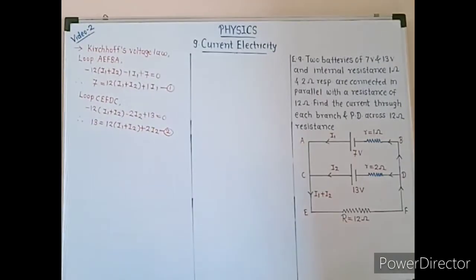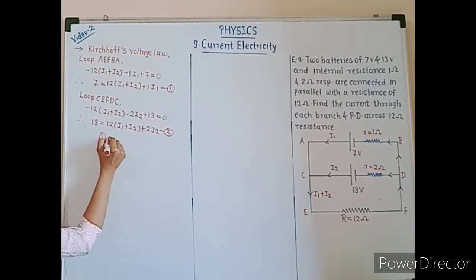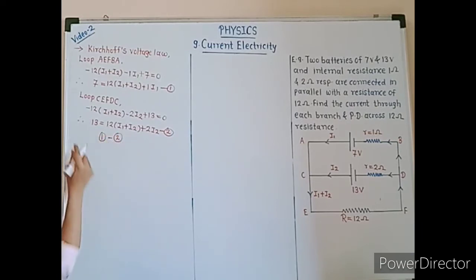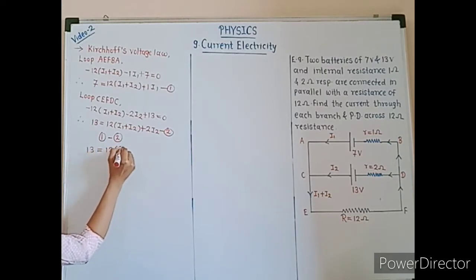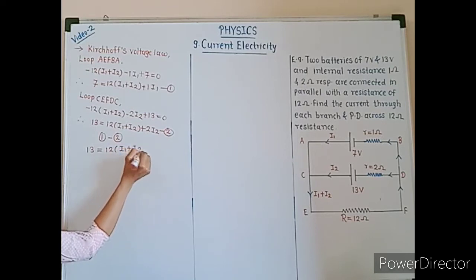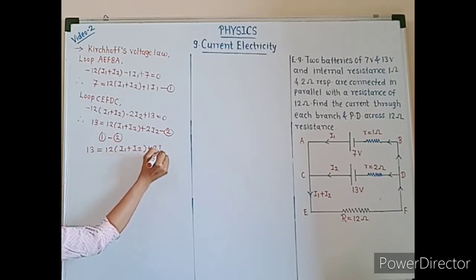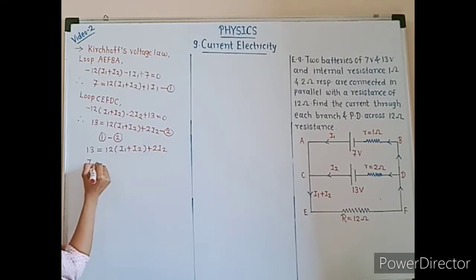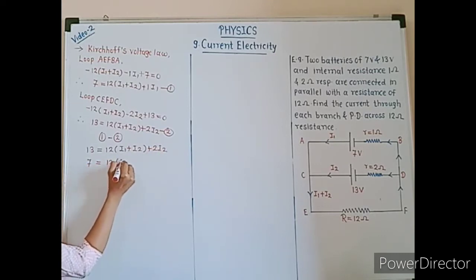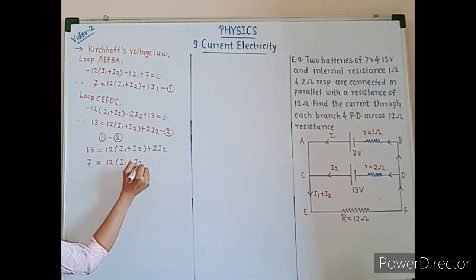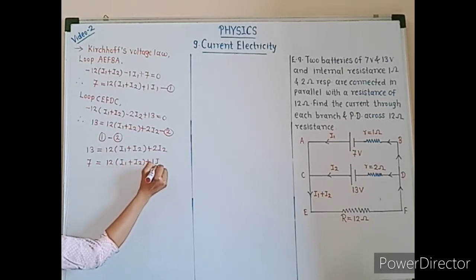So for the loop C, E, F, D, C we get the equation 13 is equal to 12 into (I1 plus I2) plus 2I2. Now subtract equation 1 from equation 2. Equation 2 is 13 is equal to 12 into (I1 plus I2) plus 2I2, and equation 1 is 7 is equal to 12 into (I1 plus I2) plus 1I1.